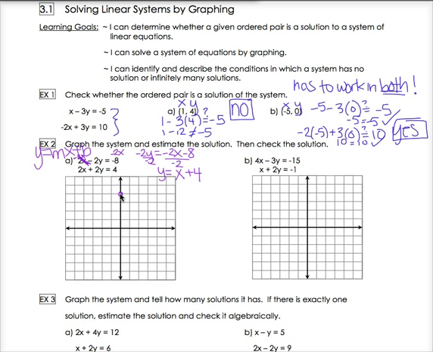A slope of 1 means up 1, right 1, up 1, right 1, or down 1, left 1, down 1, left 1. You need to graph these lines until they go off the page. So make sure you cover the entire coordinate plane that you're given. Hopefully you connect your lines a little better than.